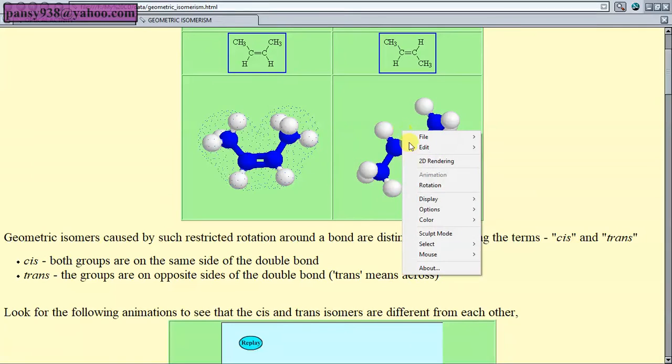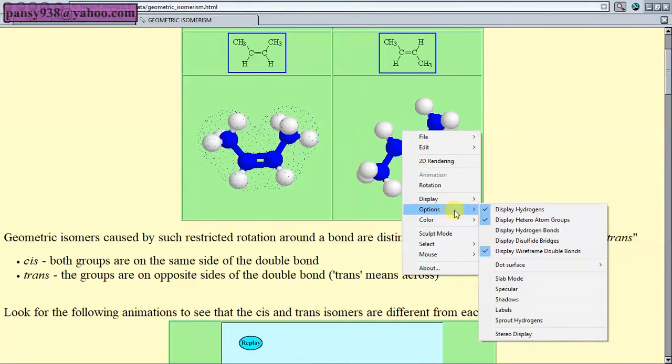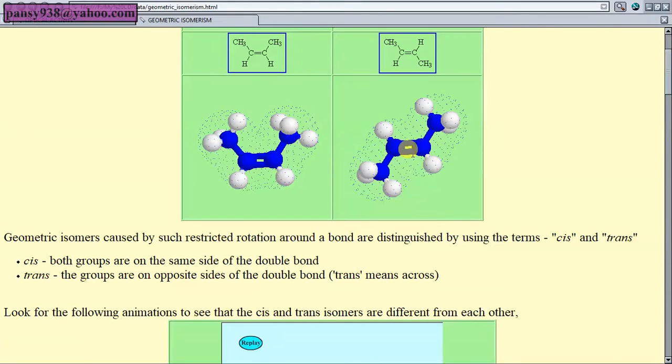And in this case, the electron density is quite different from this isomer. It means that the electrostatic behavior of both will be different. That's why they show different characters.